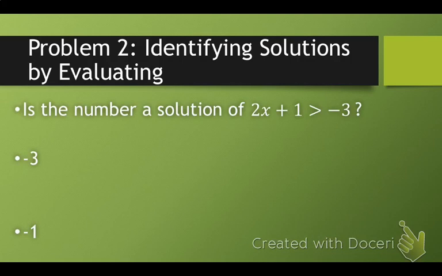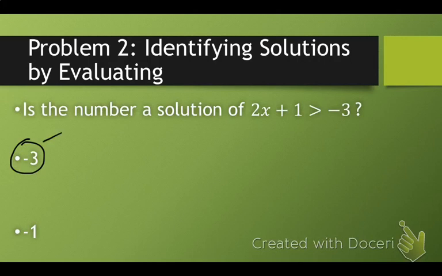So how can we take that thinking and apply it when we have something like this? Identifying the solutions to the inequality. Is the number, down here, -3, a solution to the inequality 2x plus 1 is greater than -3?